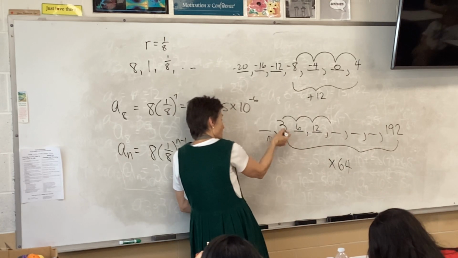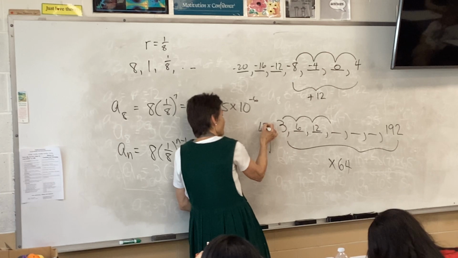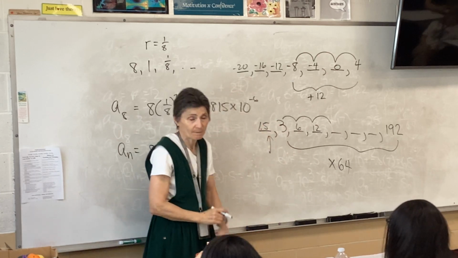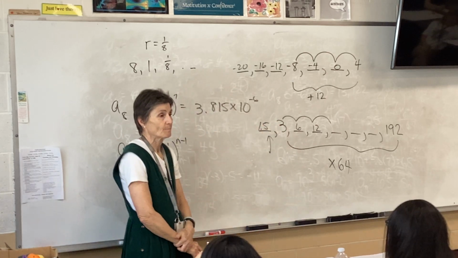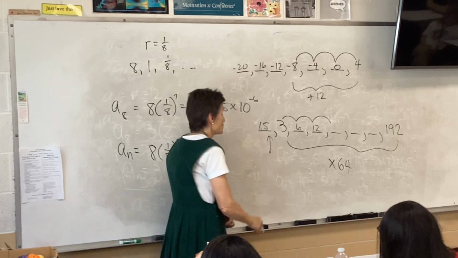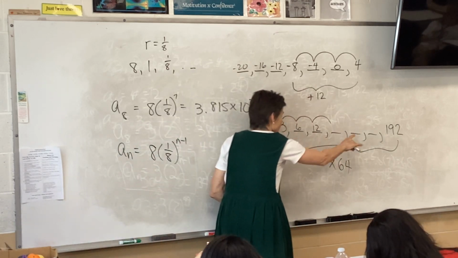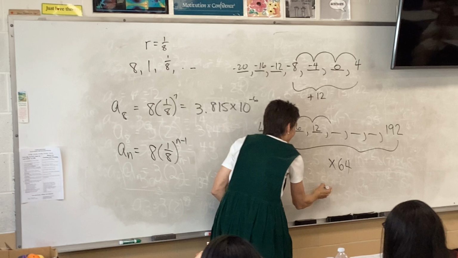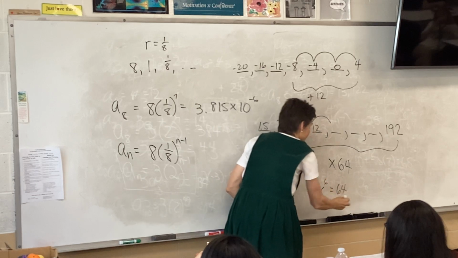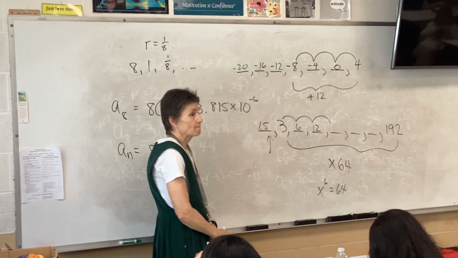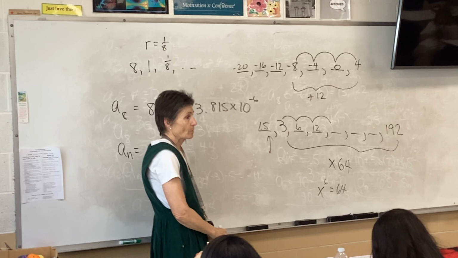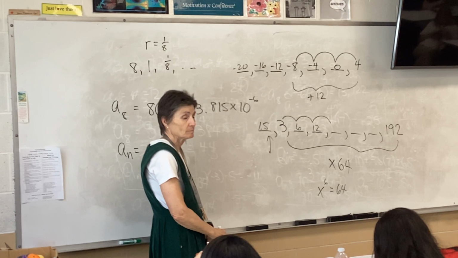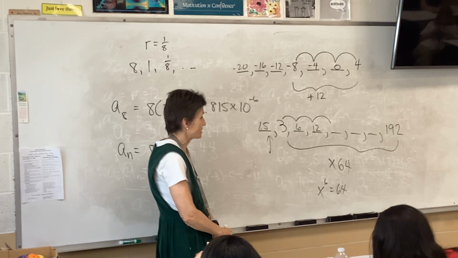What's this going to be? 1 1/2, 3 halves. We divide by 2 to go backwards. So something to the 6th power has to be the equivalent of 64. And that's how we got 2. 2 to the 6th is 64.